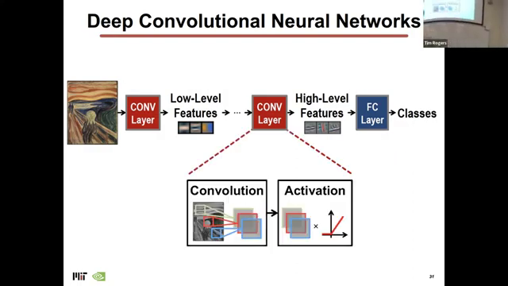Each of these layers has a very computationally intensive convolution phase, which we're going to talk about in some depth here. And then after it's done with that convolution, it will push it through an activation function. The most common activation function in many of these networks is ReLU, okay, which basically does this. It just says if the value is less than 0, make it 0. Otherwise, just make it whatever the value was.